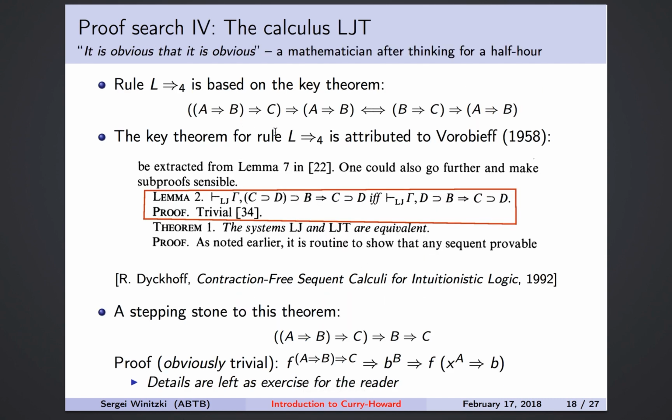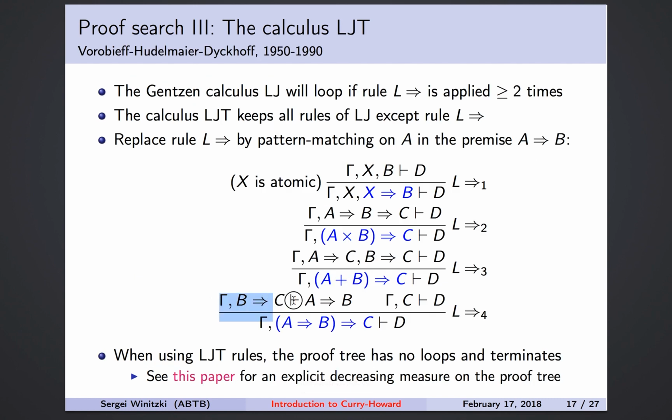Note that this rule is quite complicated. It does a very interesting thing. It takes this expression, which has an implication inside an implication, and transforms it in a weird way. Namely, the b here is separated from the c by parentheses, but here it is not separated.